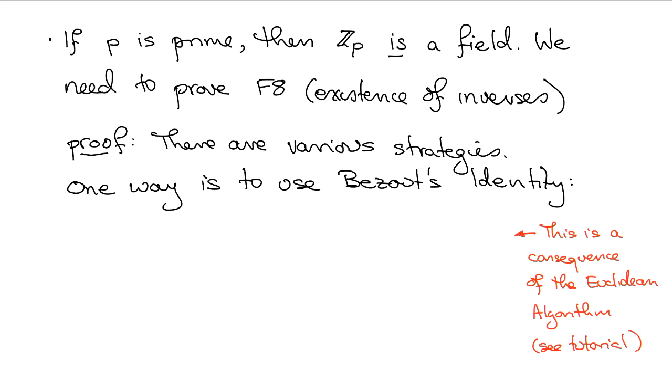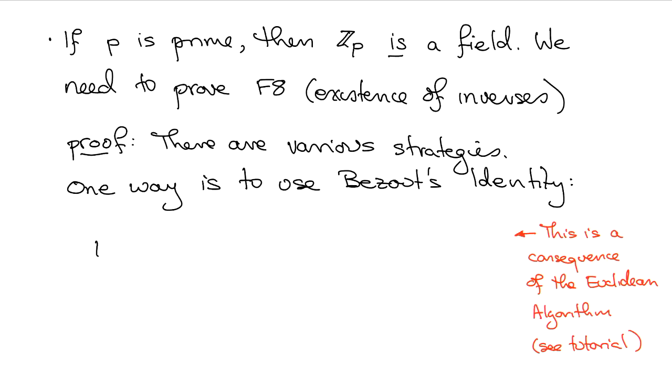Bezout's identity: you've probably done the Euclidean division algorithm at some stage. When you read off all of your p's and q's and r's when you do the Euclidean division, it tells you how to write the greatest common divisor as a linear combination of the a and the b that you started with. Maybe you remember that. I'll put it in a tutorial anyway if you don't. Let me just write down what it is.